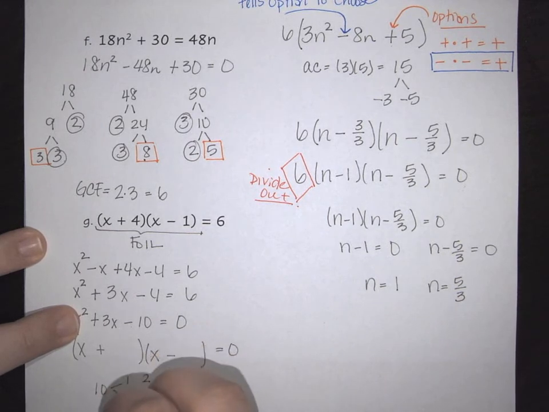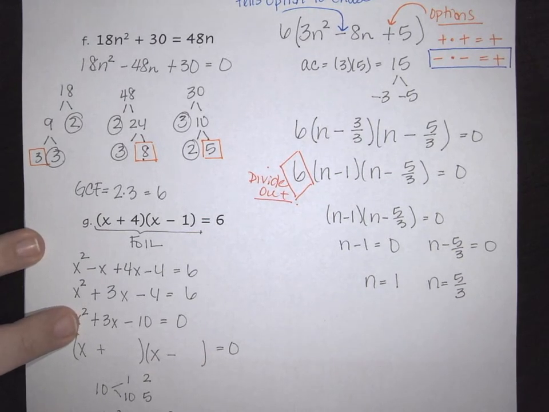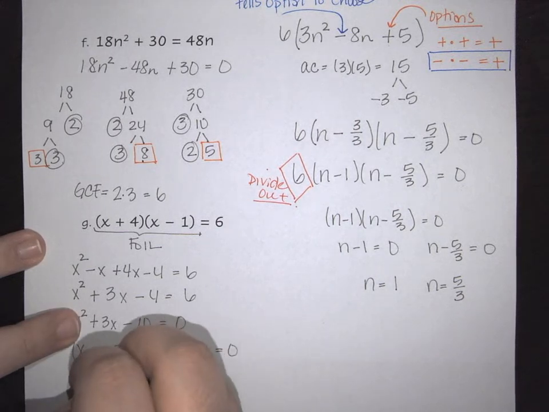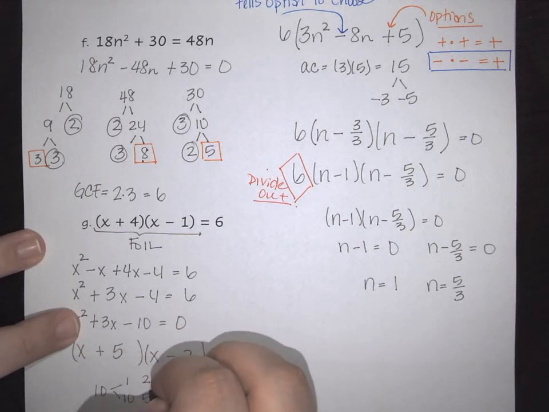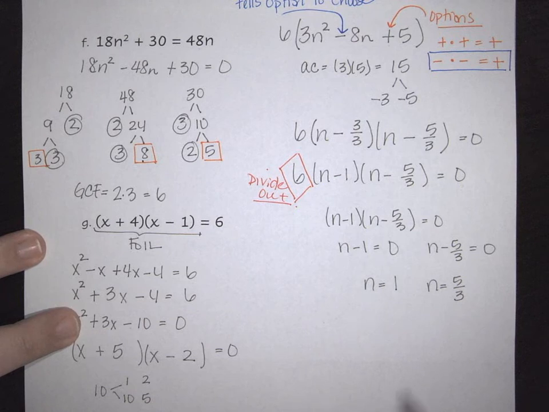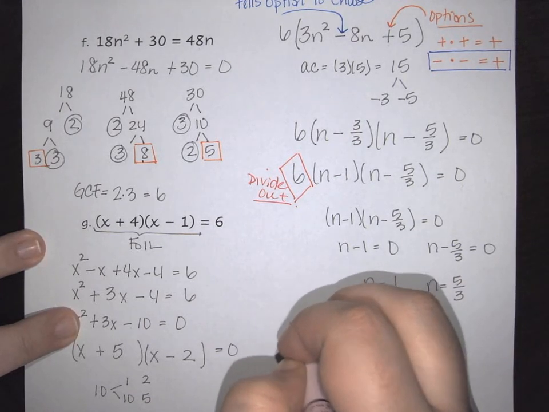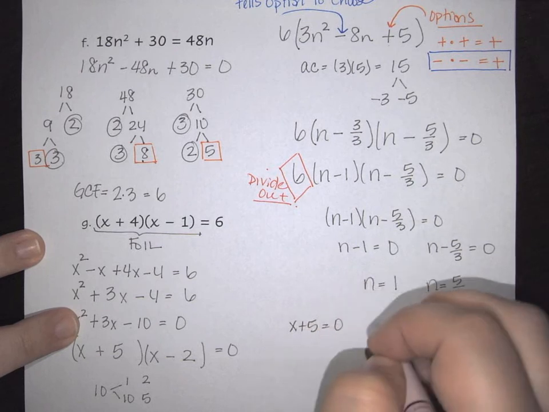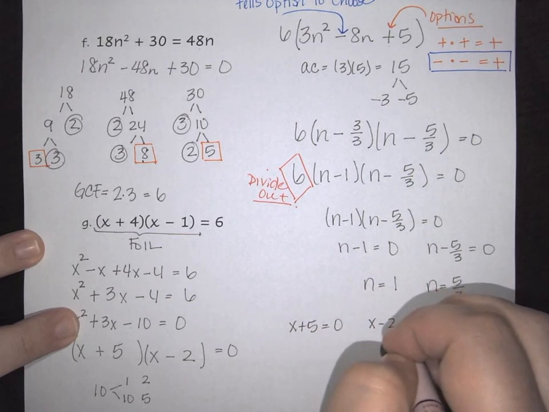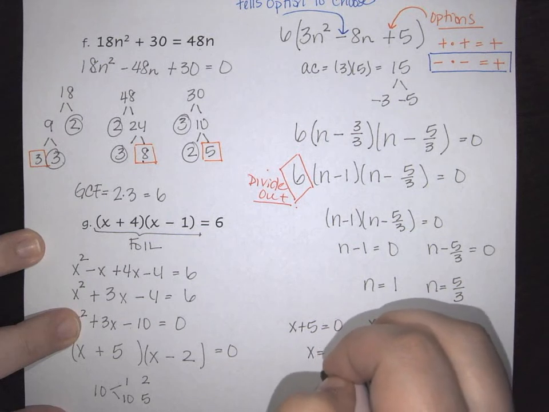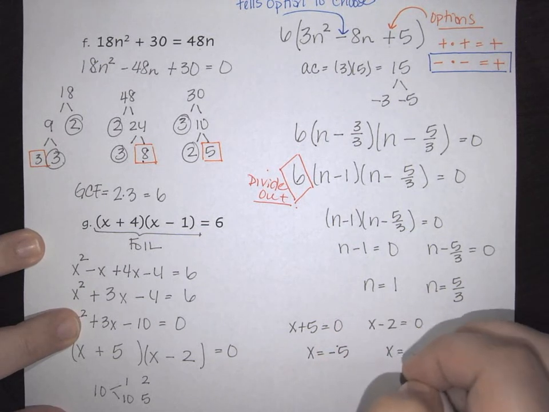I have 2 and 5. So I want to know which combination is going to give me 3, and I want it positive. So the 5 is positive, and the 2 is negative. Again, we're set equal to 0, and so here we would have that x plus 5 equals 0, and x minus 2 equals 0. So in this case, x equals negative 5, x equals 2.